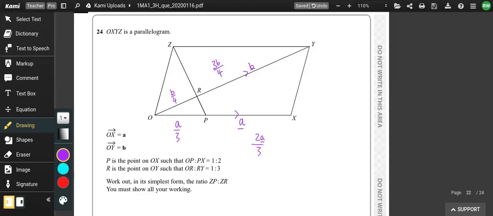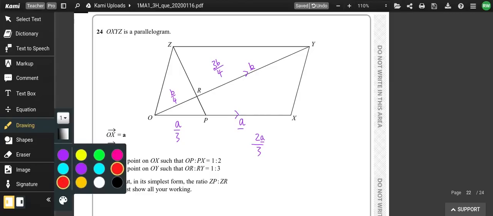Work out in its simplest form the ratio ZP to ZR. Okay, so let's work out ZP. To get from Z to P, we have to go A to get from Z to Y, and then minus 3B over 4. That gets me from Z, oh, that's ZR, sorry. So that's ZR.